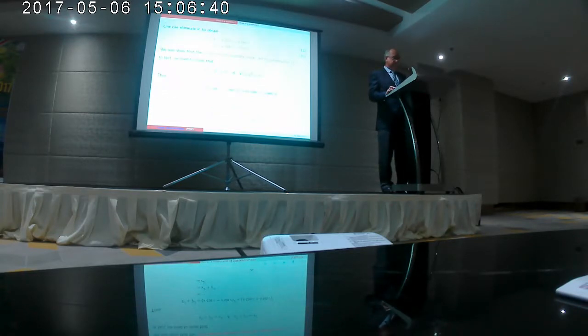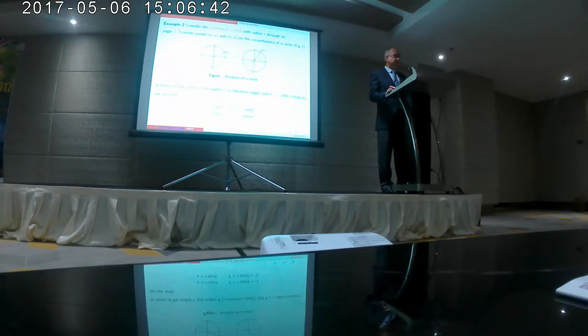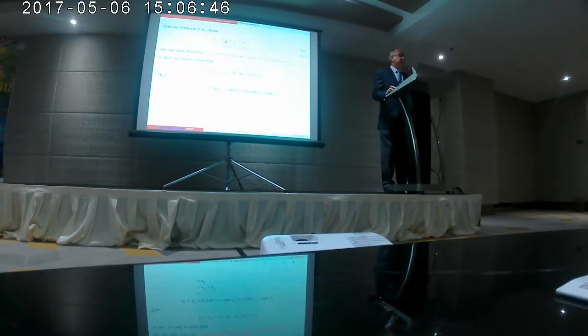Now we can eliminate theta from these two equations, and we can write x bar equal to x cos epsilon minus y sin epsilon, and y bar is equal to y cos epsilon plus x sin epsilon.